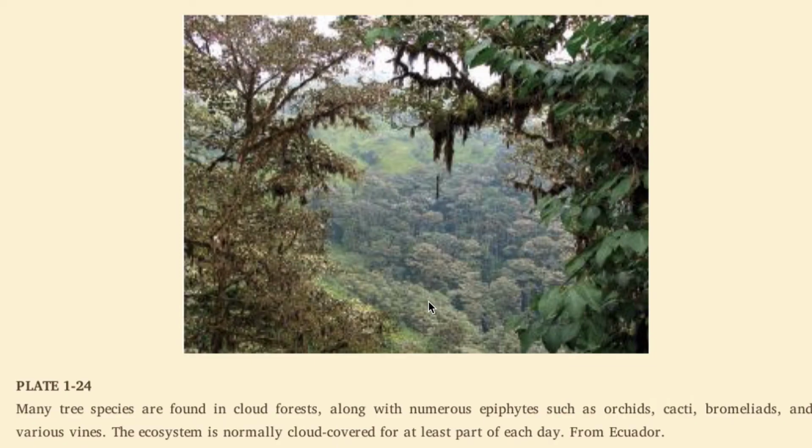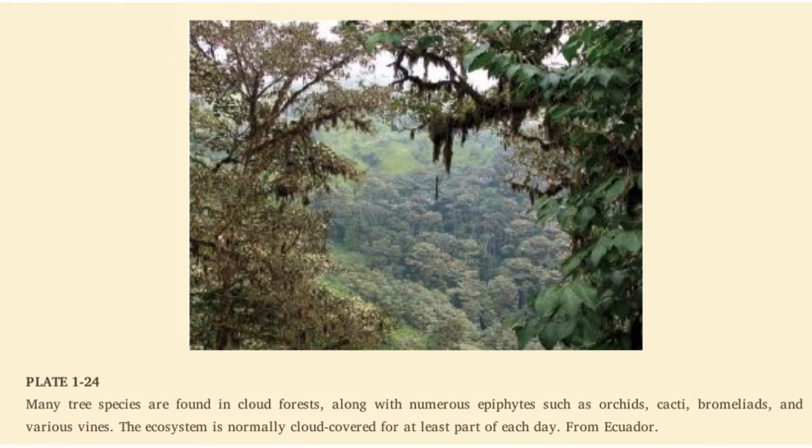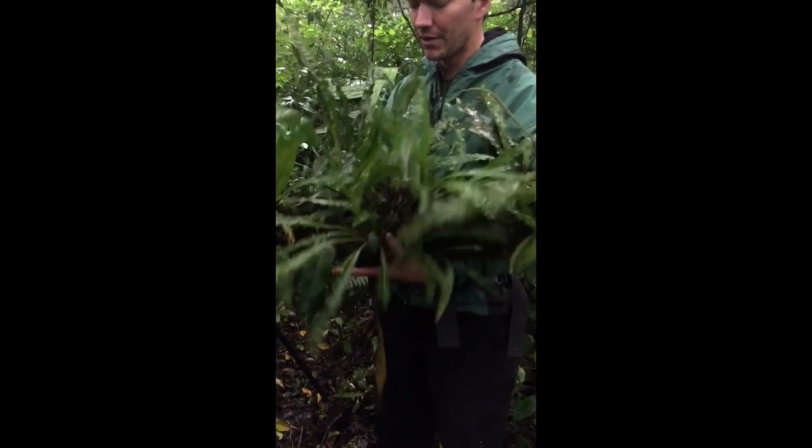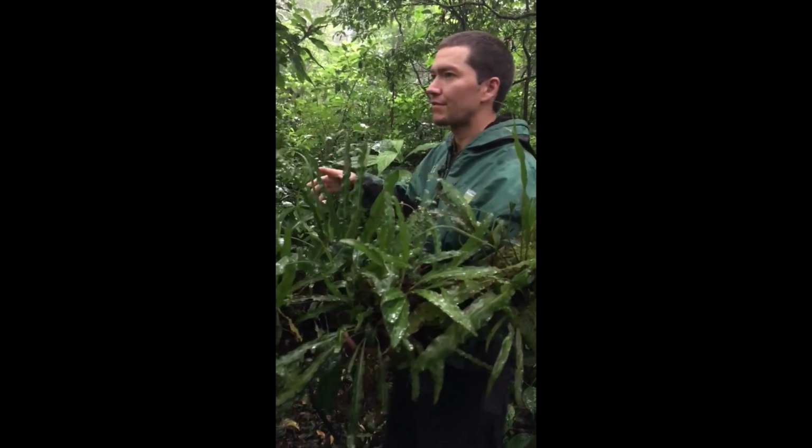So looking at a cloud forest here in Ecuador and the abundant epiphytes that occur there. And this is the perfect environment for growing epiphytes, and that is plants that live on plants, because they can get their moisture directly from the atmosphere and they don't need to draw it from the ground.